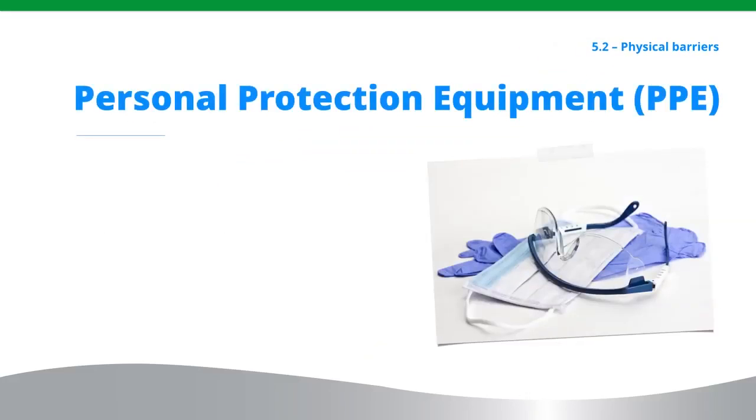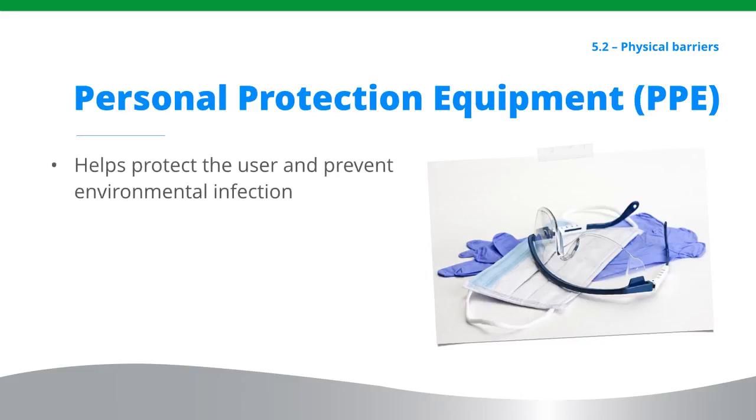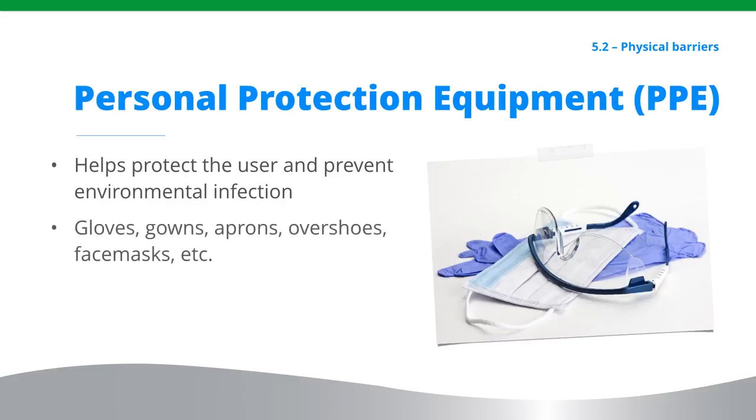Personal protection equipment, or PPE, is designed to protect the user from hazards and to make access to various locations safe from accidental introduction of an infectious agent or the transportation of an infectious agent out of the area. PPE includes barrier protection, such as gloves, gowns, smocks, aprons, overalls, footwear covers and eyewear, all suitable to the risks involved.